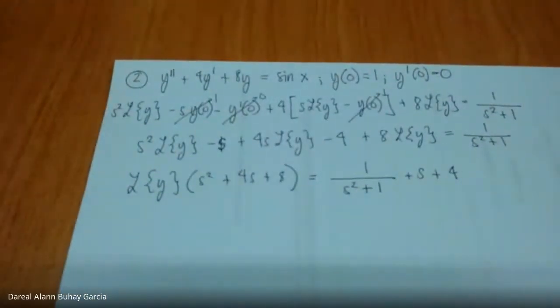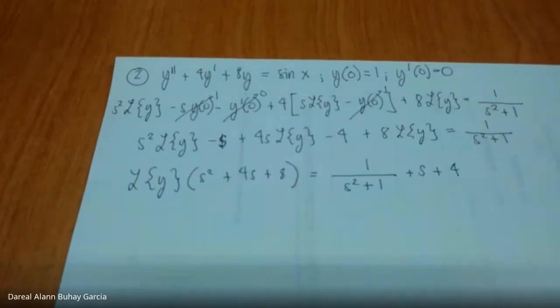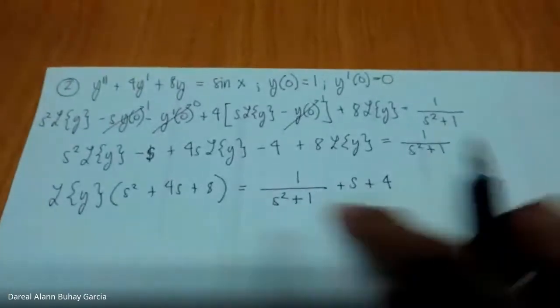So we apply the initial value conditions, then simplify before dividing.